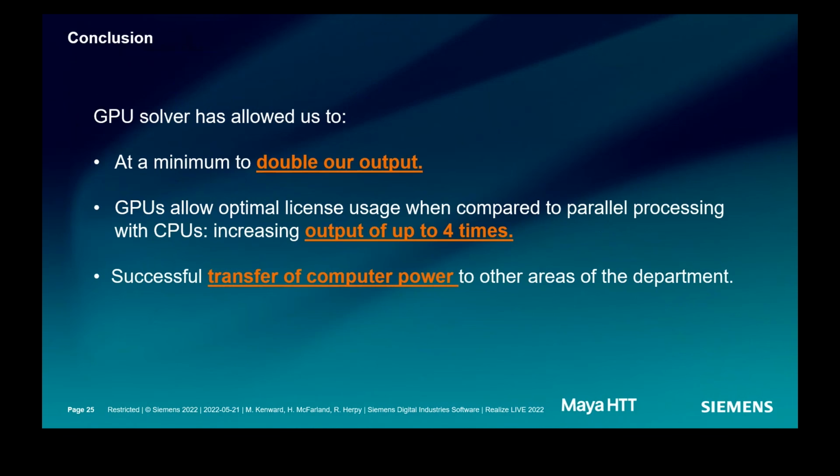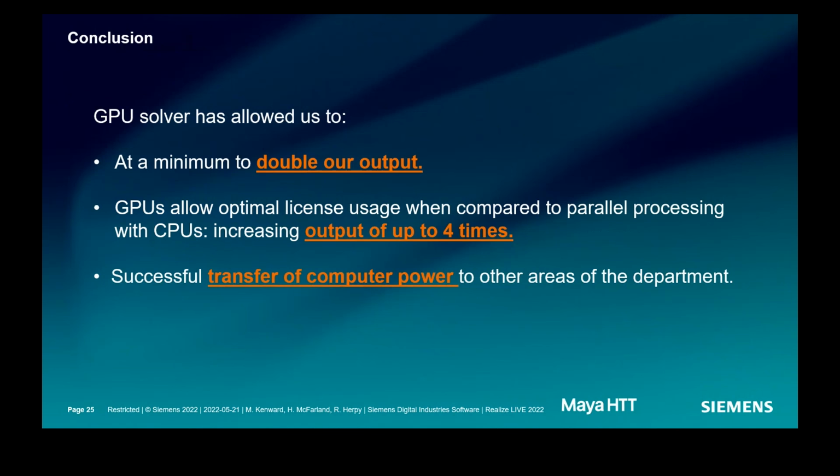So in conclusion, for us, we were able to double our output in regards to solve time when considering a single license, and realize up to almost 4 times the output due to the optimal license usage, since we're able to use them concurrently.